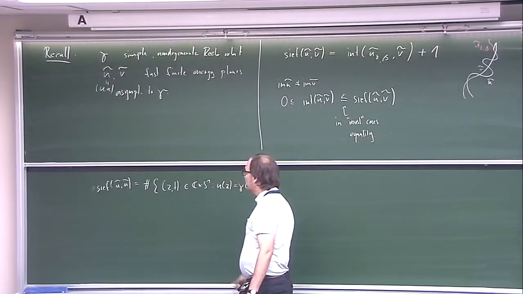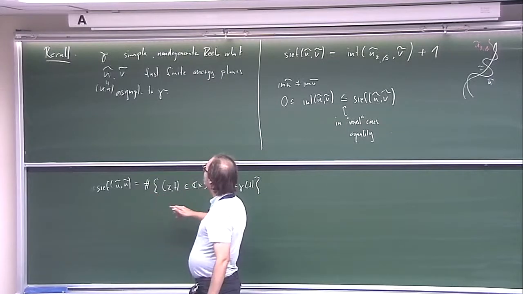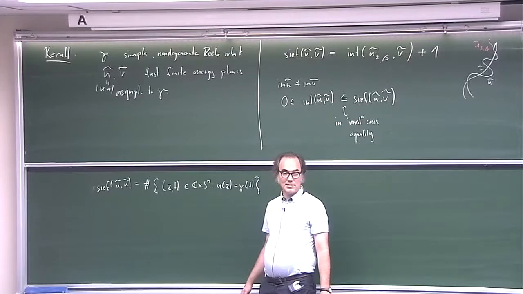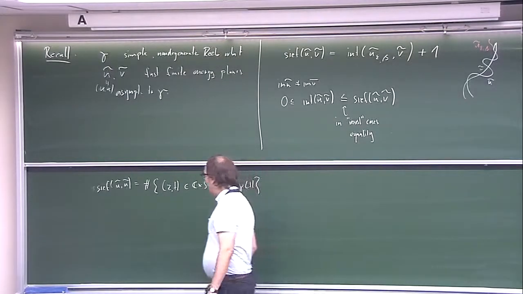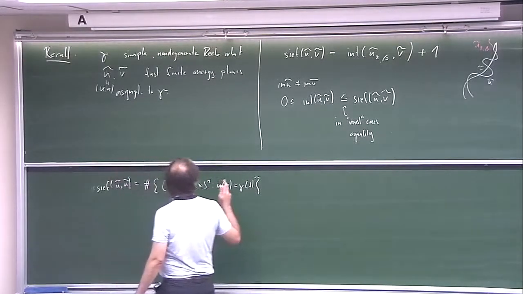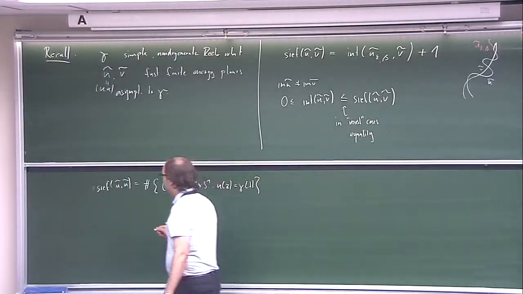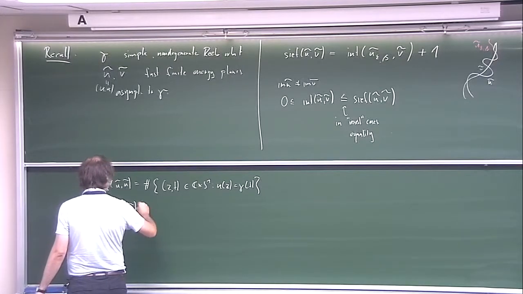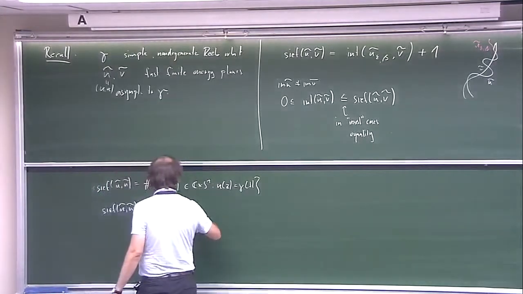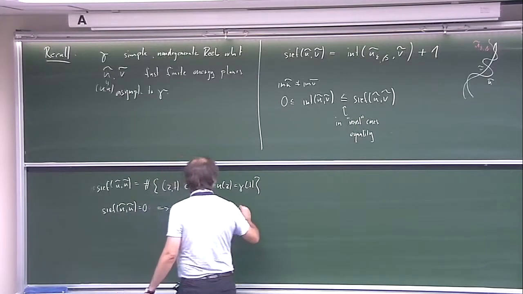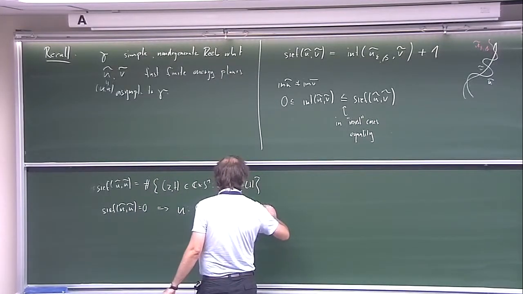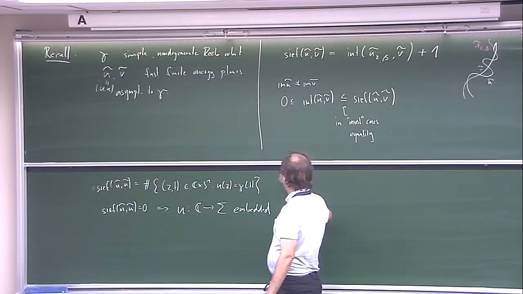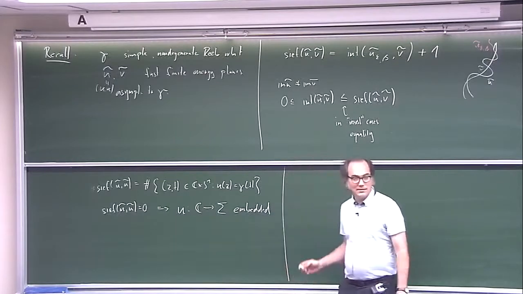So in particular, if u does not intersect the asymptotic orbit, Siefring's self-intersection number is 0. And then an important property: if Siefring's self-intersection number is 0, this implies that u from C to Sigma is embedded. This is what we proved yesterday.